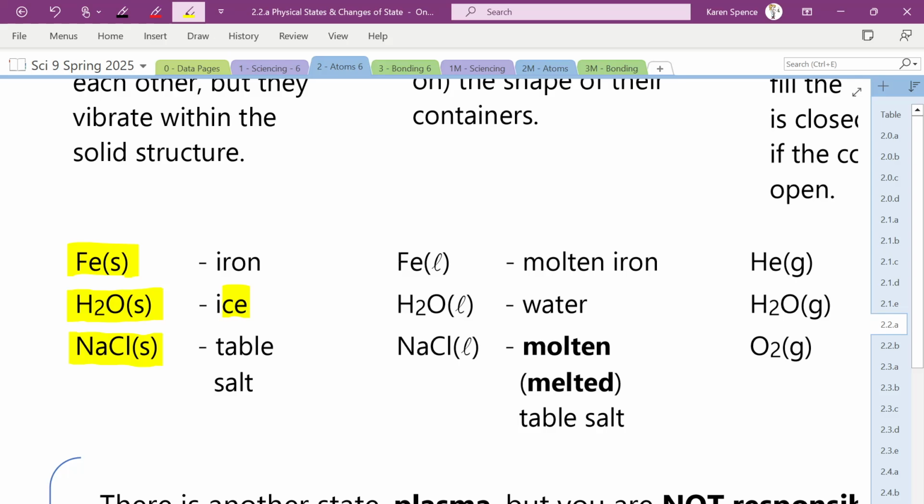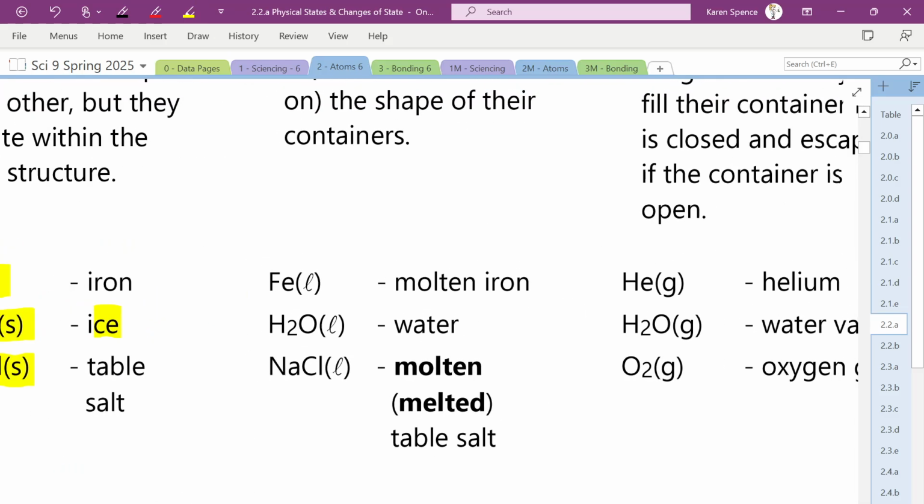Can you dissolve iron in water? No. Can you melt iron? Yes, you can melt iron. Does anyone know the term molten? Have you heard the word molten? Molten lava? What is molten lava?